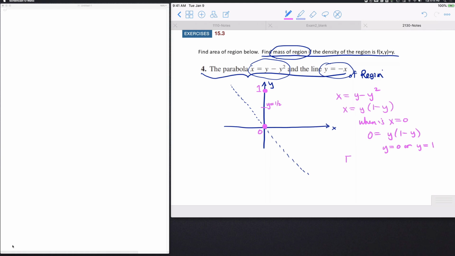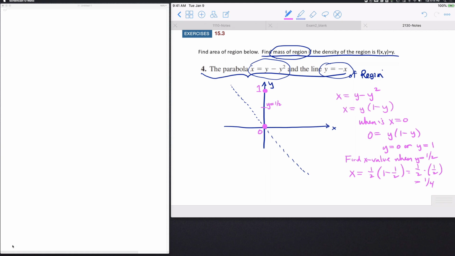So let's find the x value when y is equal to a half. When y is equal to a half, the x value is 1/2 times positive 1/2, which is positive 1/4.